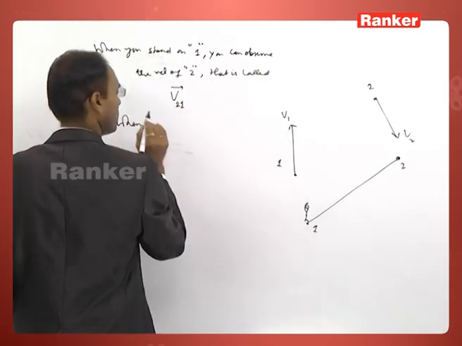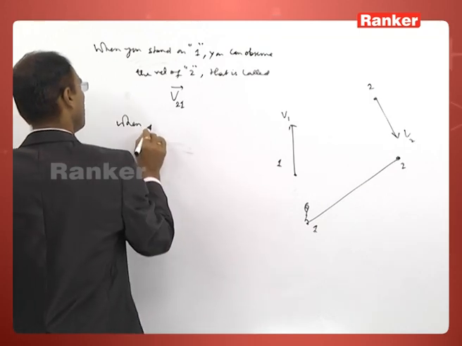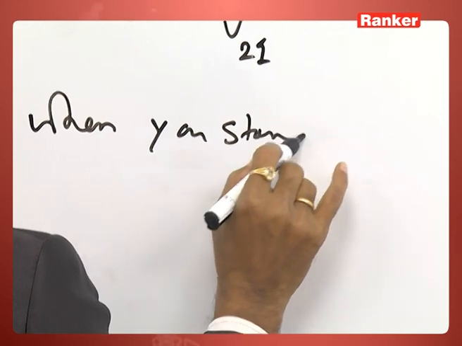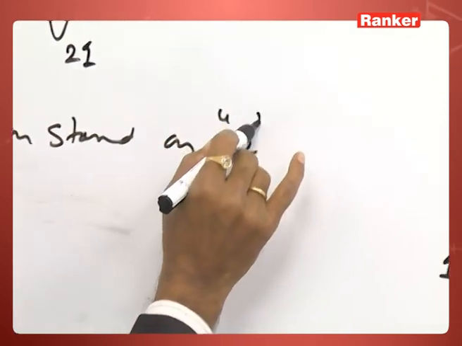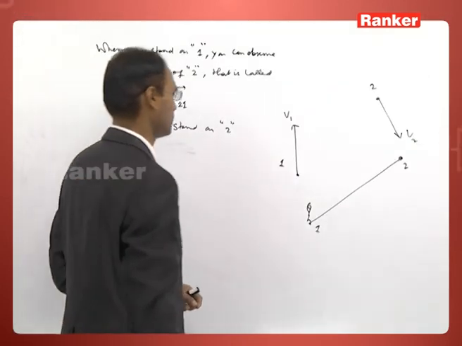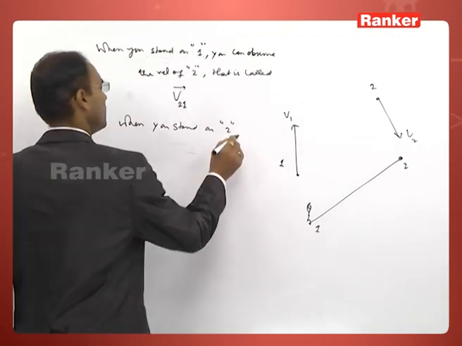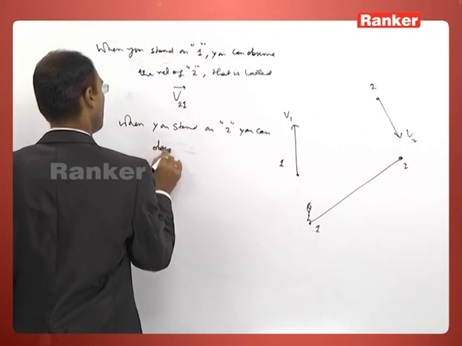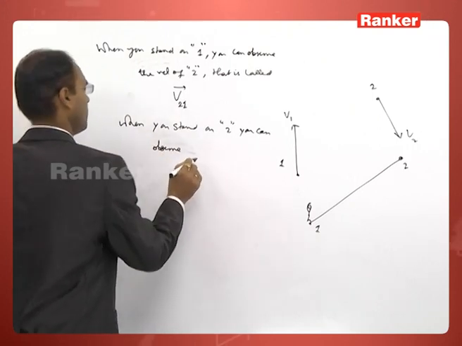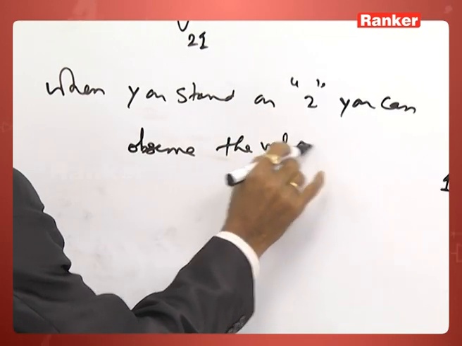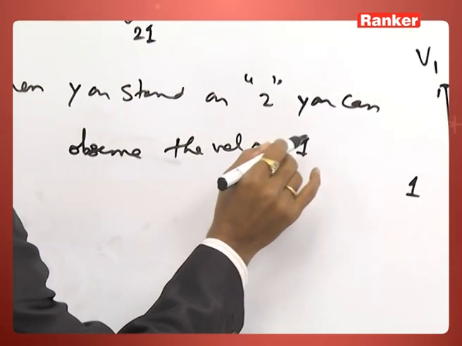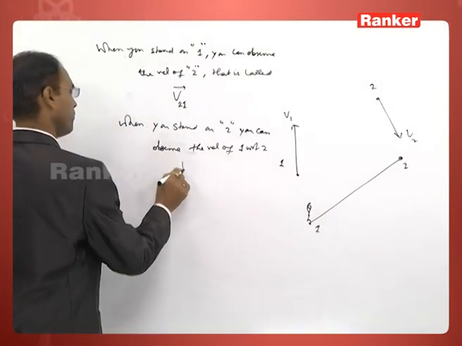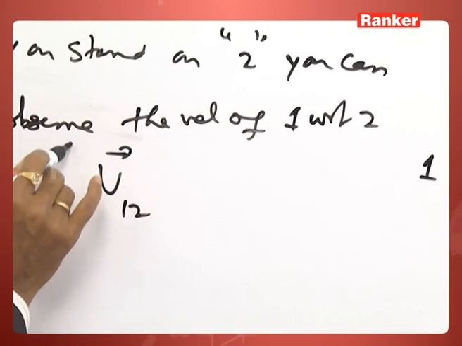When you stand on particle 2, you can observe the velocity of 1 with respect to 2, V12.